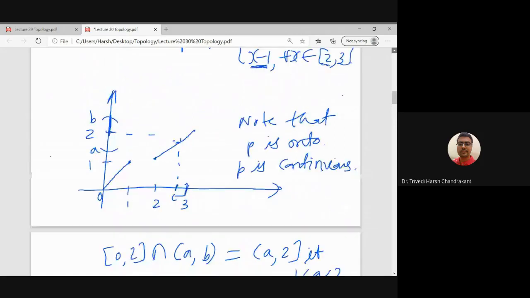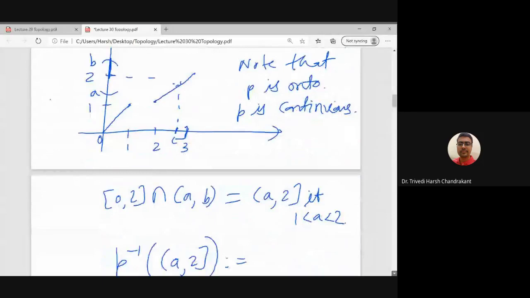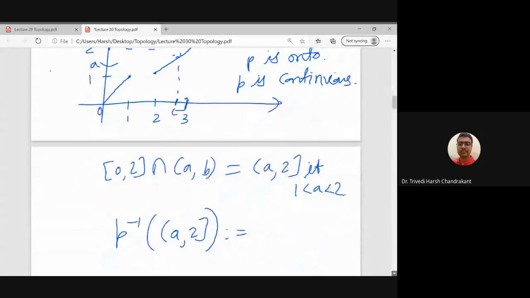So what happens is we have to add 1 to A. So am I correct or am I making any mistake? Right, so it is fine.